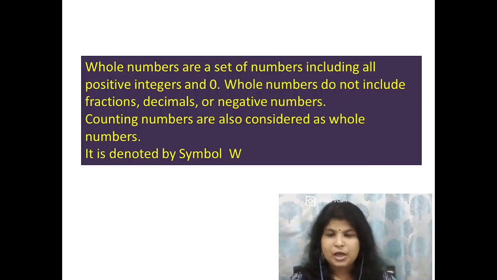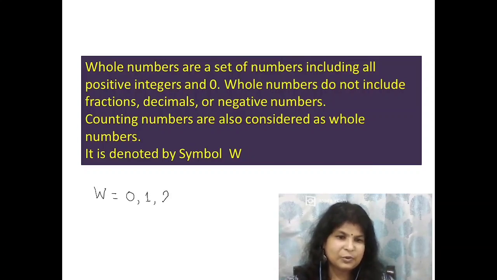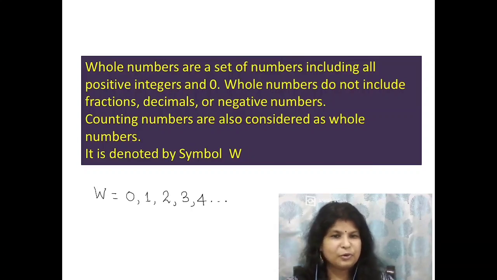So how you are going to write your whole number? Suppose I need to represent the whole number. So how I am going to write it? W is equal to, it starts from 0. Counting starts from 0. 1, 2, 3, 4, so on and so forth till infinity.